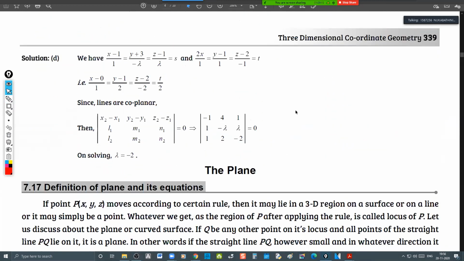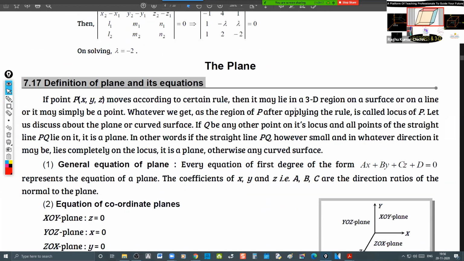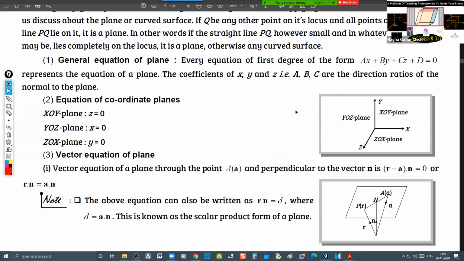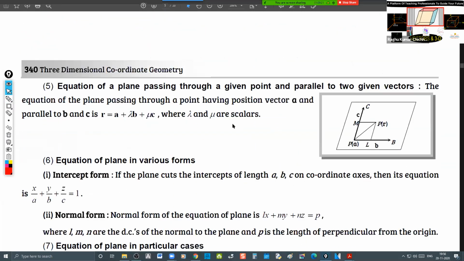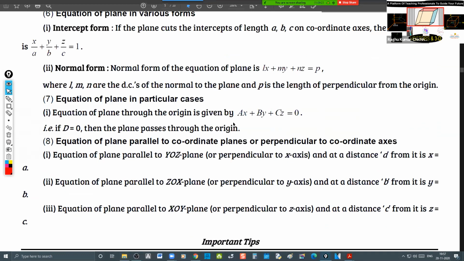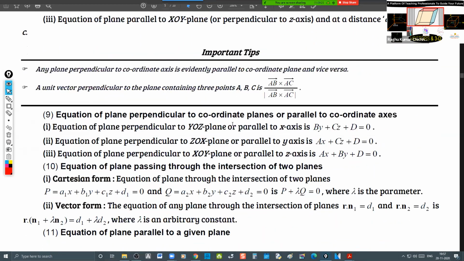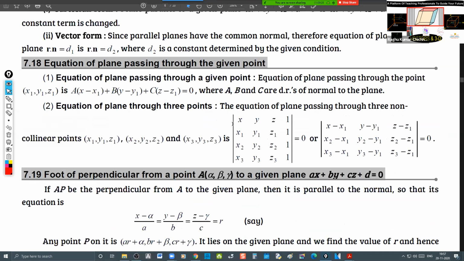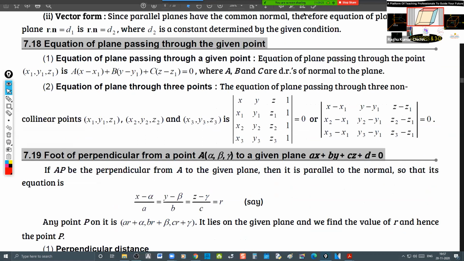And the last one is the plane. Plane will be the last part of three-dimensional geometry. Okay, we will see the skew lines and after that planes in the next session.